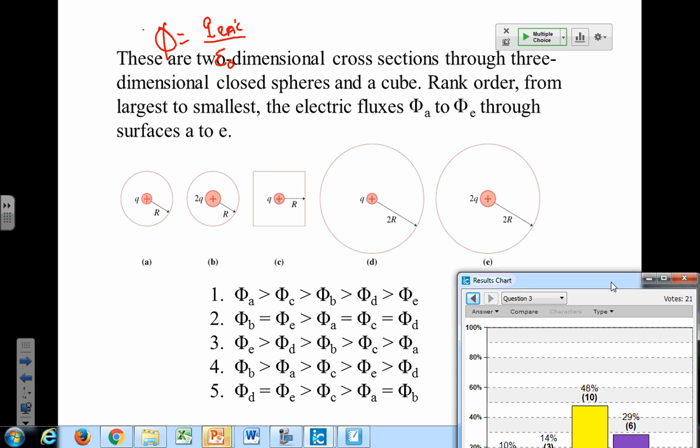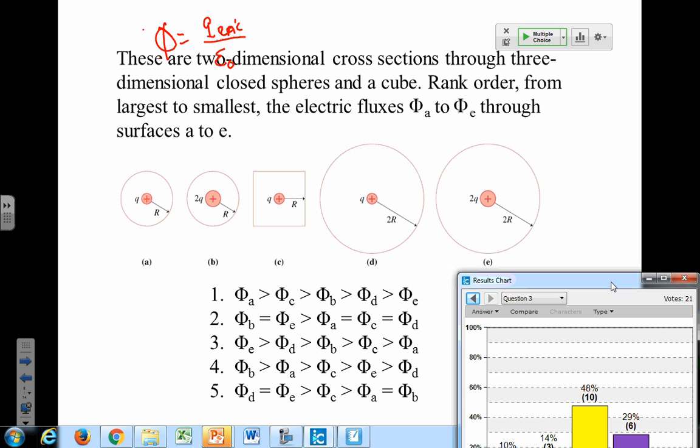So I can tell you that this one, this one, and this one are all going to have the same flux. It doesn't matter about the Gaussian surface. No matter the size or the shape of your Gaussian surface, the total flux is going to be directly proportional to the charge. This one and this one will also have the same flux, but twice the amount of flux. They're all going to be positive flux.